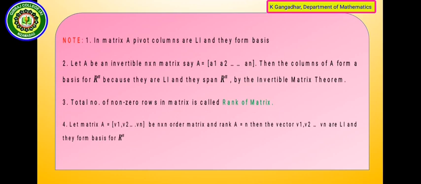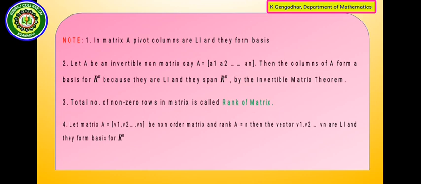The total number of non-zero rows in a matrix is called the rank of the matrix. So let A equal to V1, V2, so on Vn be an n by n order matrix and rank A equal to n.